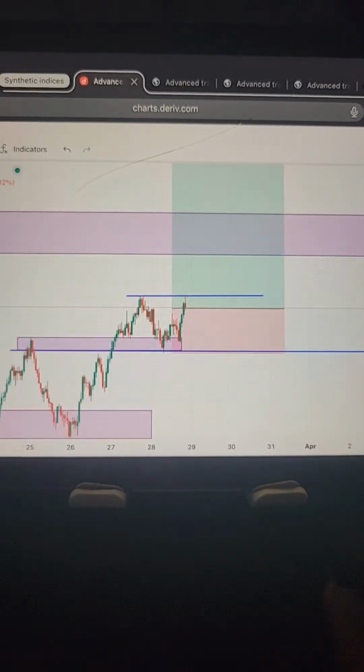I'm currently live on these assets now. So let's see how price is going to respect our key levels.